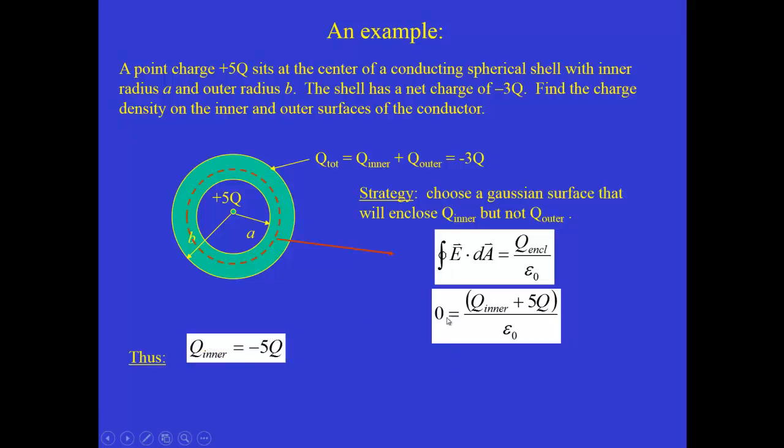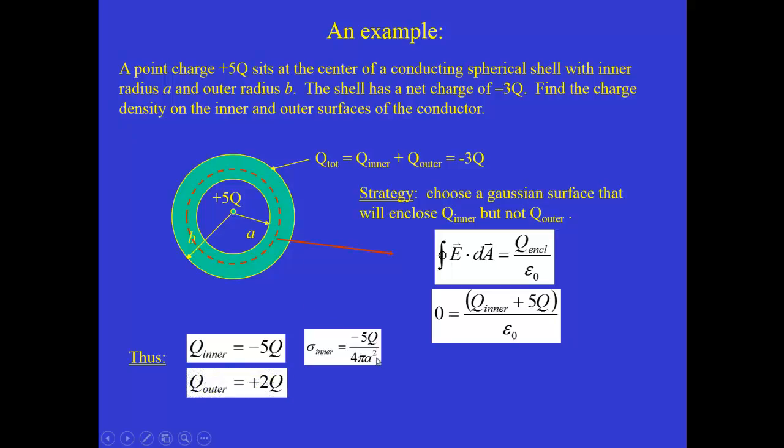So what we have found through this careful application of Gauss's law is Q inner is equal and opposite to the point charge at the center, minus 5Q. So if we know Q inner, sigma inner, which is the charge per unit area on that inner surface, is minus 5Q over the inner surface area, 4 pi A squared.